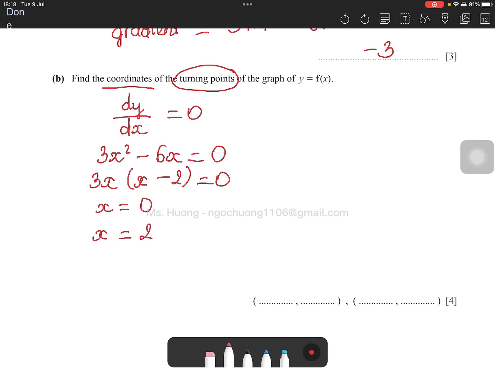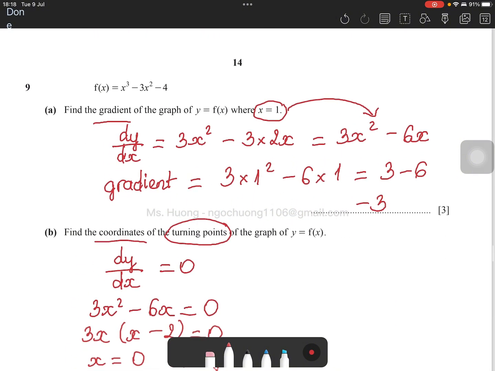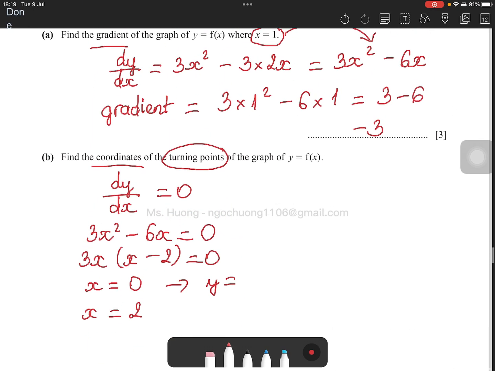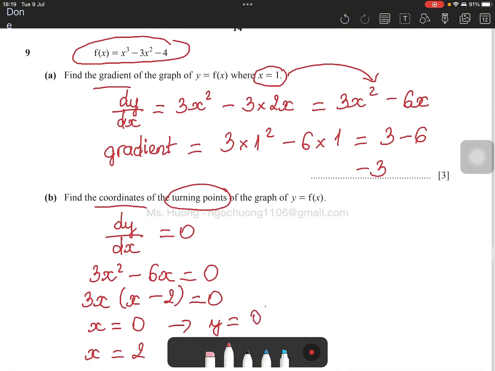And then we find the value of y. When x equals 0, from the question, you see that y is equal to x cubed minus 3x squared minus 4. So the value of y is 0 cubed minus 3 times 0 squared minus 4, which is negative 4.